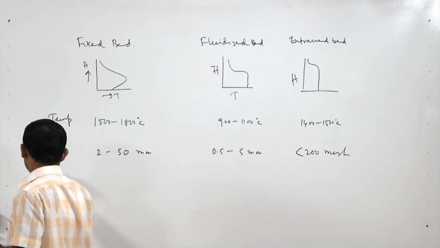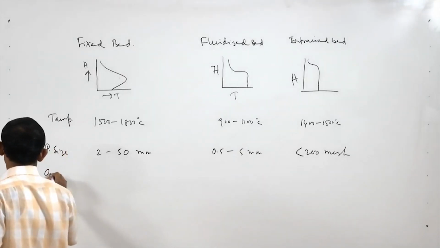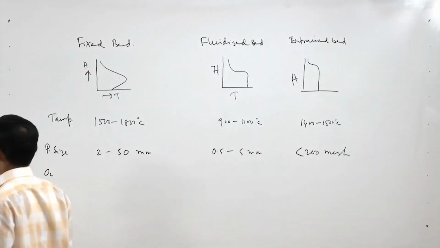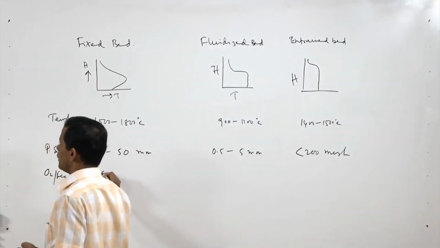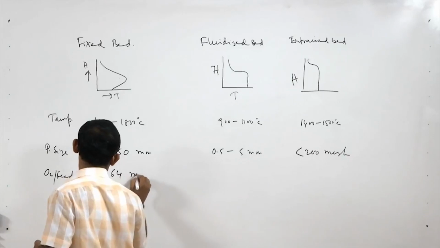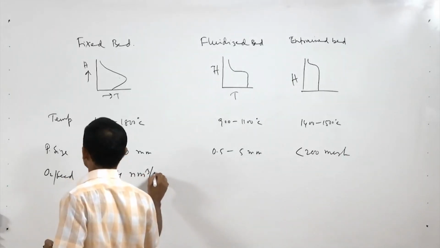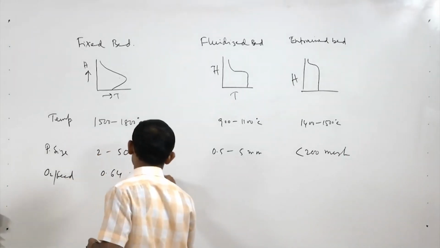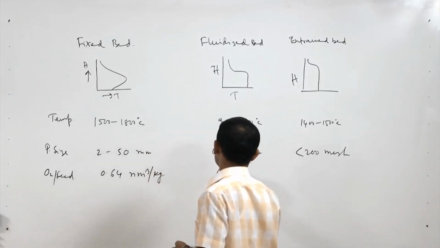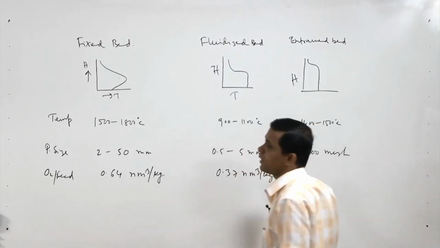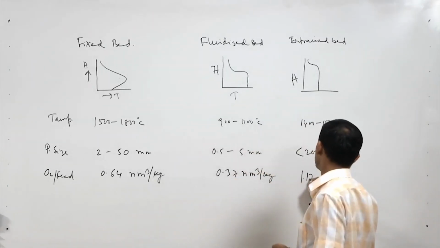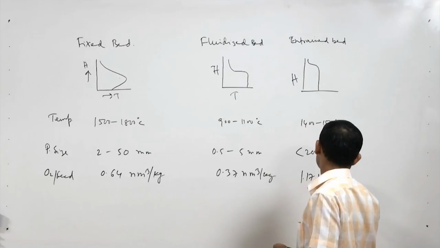If we think about the oxygen requirement, that is oxygen by feed ratio, in this case, this is around 0.64 normal meter cube per kg, and for this it is 0.37 normal meter cube per kg, whereas for entrained bed this is higher, 1.17 normal meter cube per kg.